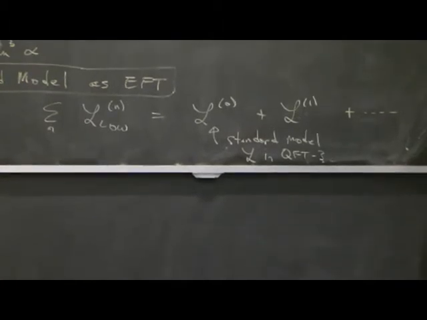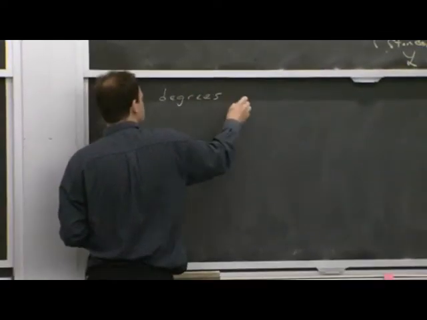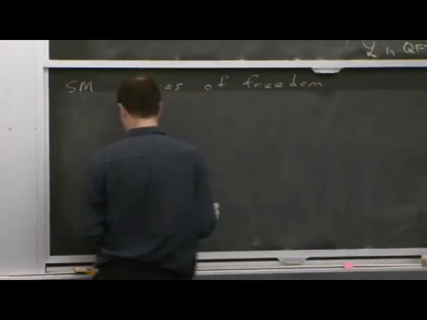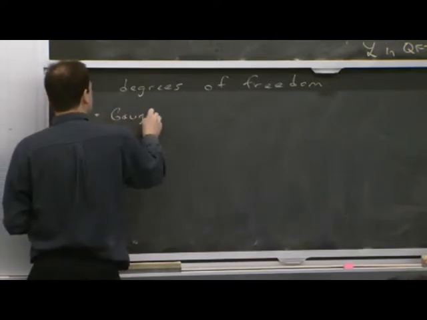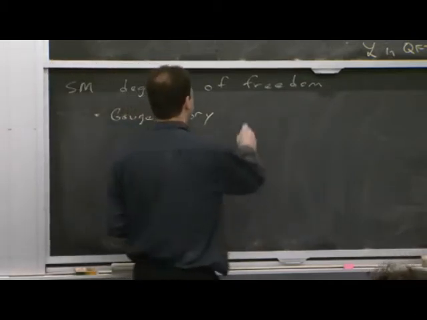But let me nevertheless remind you of what the degrees of freedom were in the standard model. So you at least know what the players are when we go to talk about L1. So it's a gauge theory.